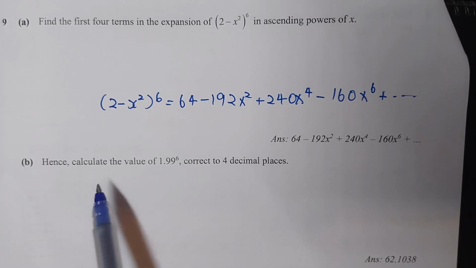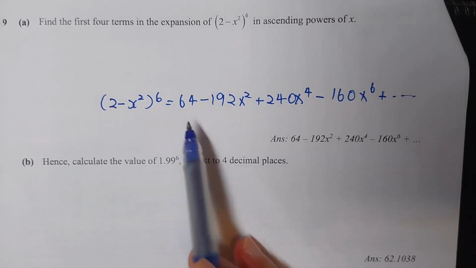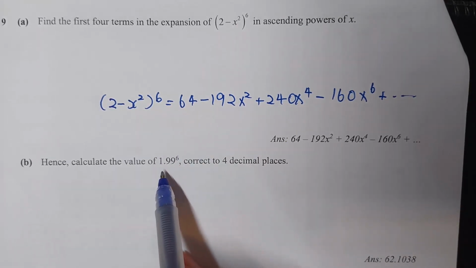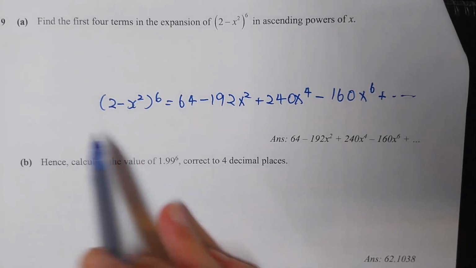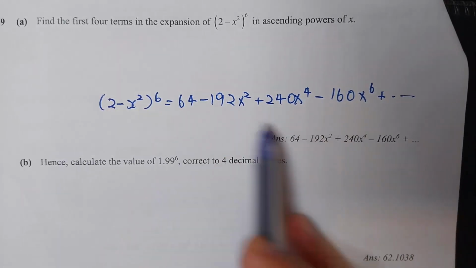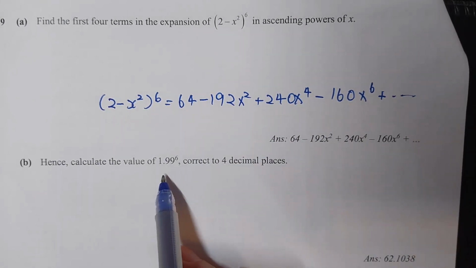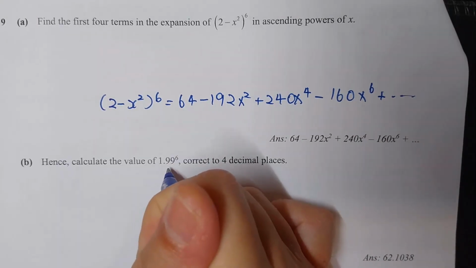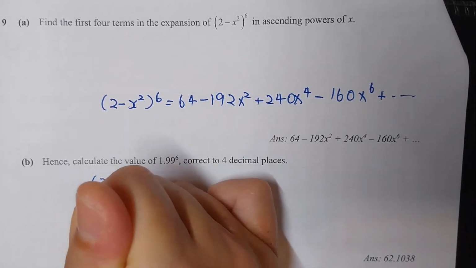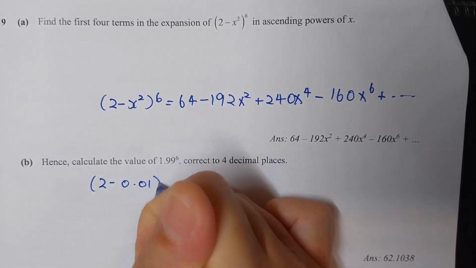Now let's see how we can have a practical application of this binomial expansion here. So if we are able to form 1.99 to the power of 6, similar to the form here, we should be able to use the results from our previous answers to get 1.99 to the power of 6. So we observe that 1.99 is actually 2 minus 0.01.